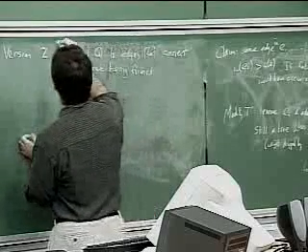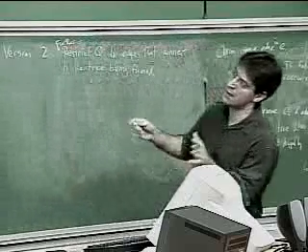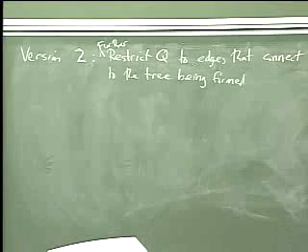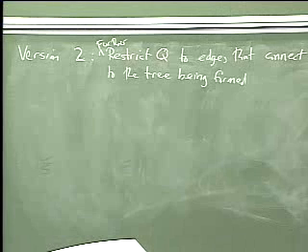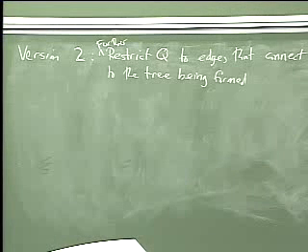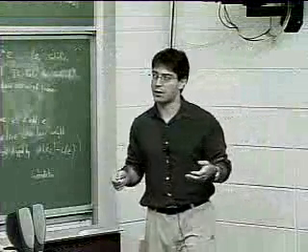Okay, so if you remember, the original algorithm said you can just add edges. You always want to add the minimum cost edge that doesn't cause a cycle. Right? That's what the first algorithm said. The only variant we're changing now is when you're going to add an edge, it's got to connect to this tree that we're already building.